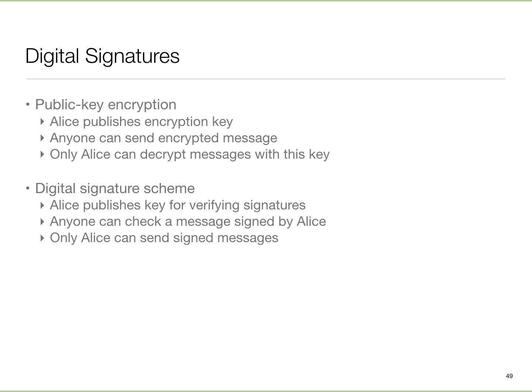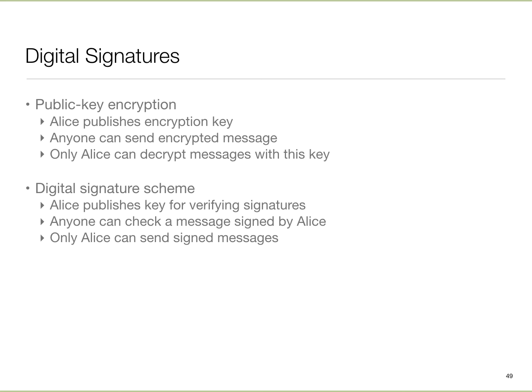In digital signature, what happens is Alice publishes a key for verifying the signatures. So Alice will again publish the public key, but anyone can check the message that Alice signs. A typical idea would be that there is something about the message that only Alice could do.